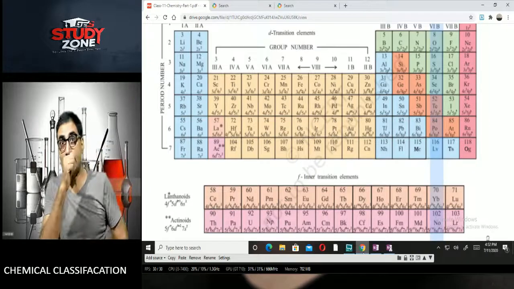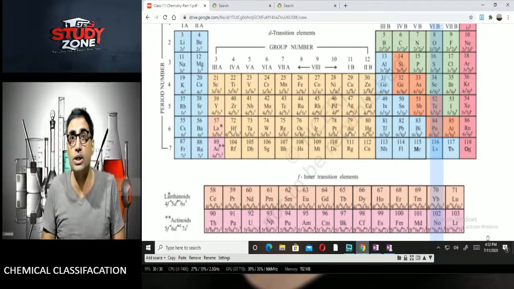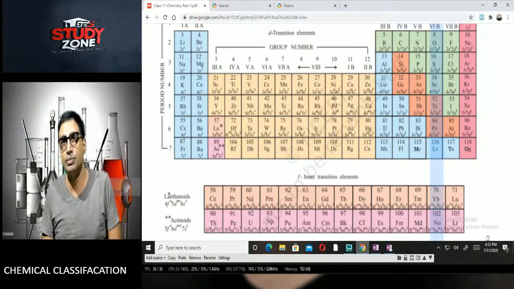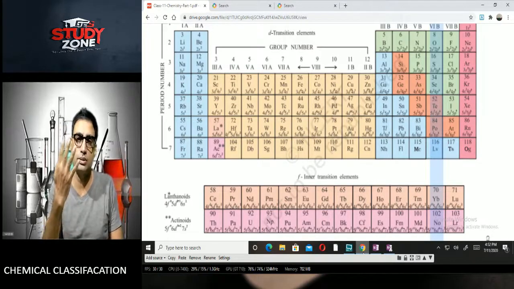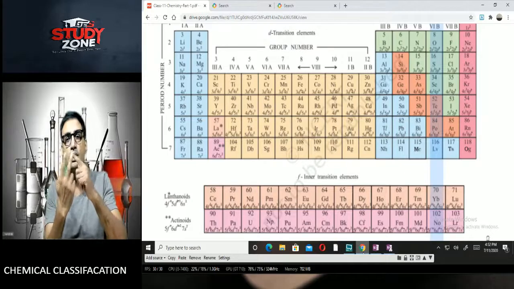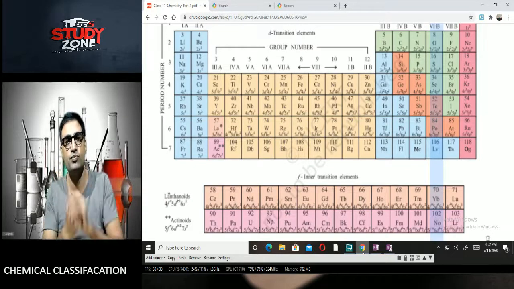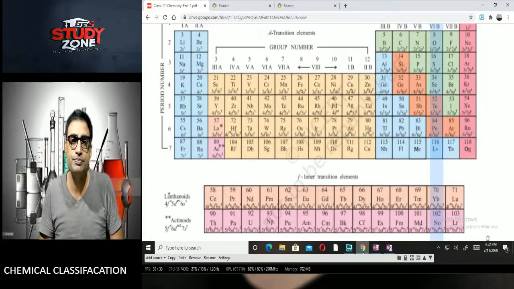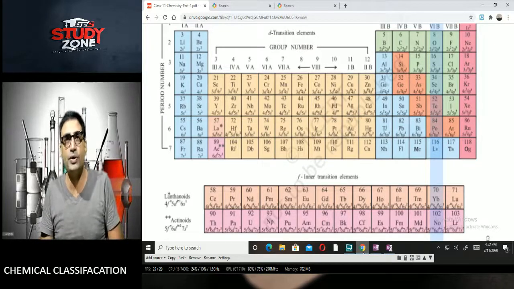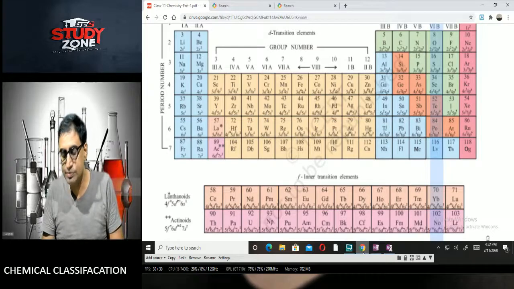So we'll see the characteristics of the modern periodic table. What are the characteristics of the modern periodic table? You can write down: the modern periodic table is divided into 4 blocks, that is S block, P block, D block and F block. The modern periodic table is divided into 18 groups.